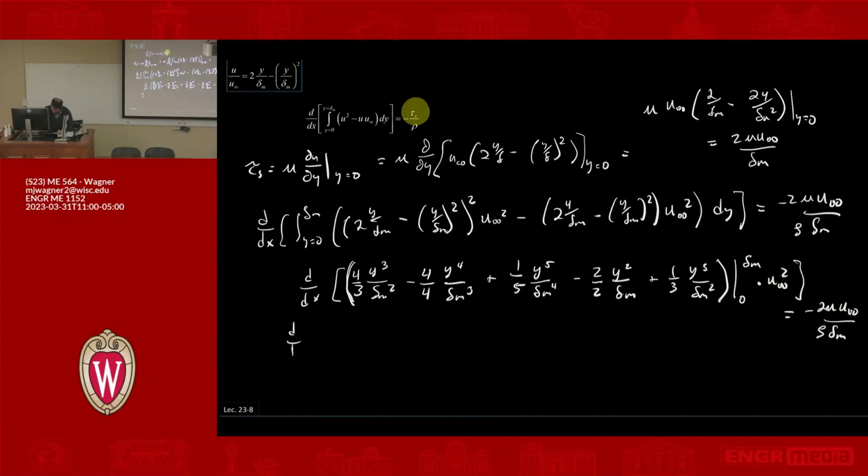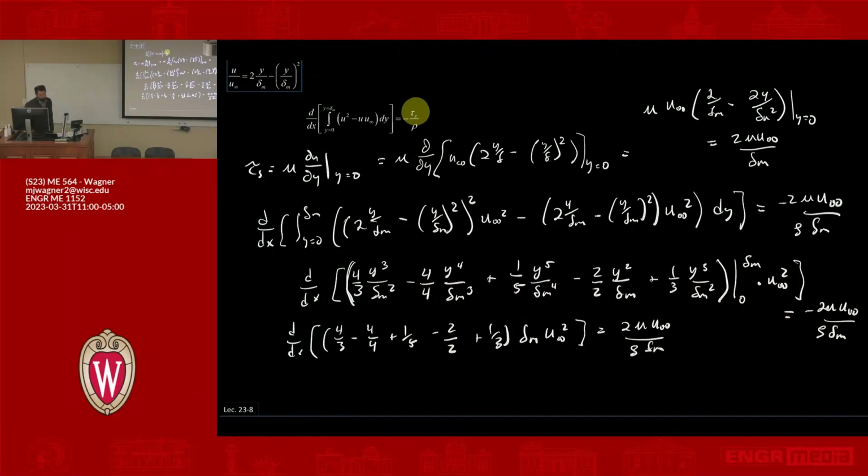So evaluating this integral, it becomes d dx of 4/3 minus 4/4 plus 1/5 minus 2/2 plus 1/3, times delta m times u infinity squared. And on the right-hand side, it's still minus 2 mu u infinity over rho delta m.